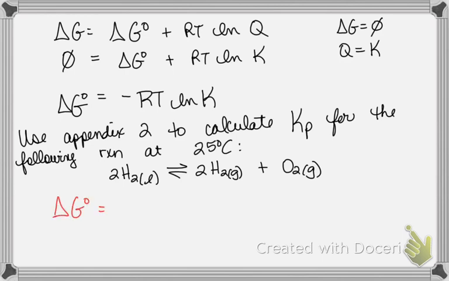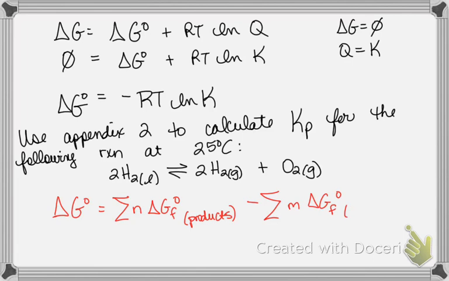You can calculate the delta G standard by summing up the Gibbs energy of formation of the products minus summing up the free energy of formation of the reactants. Okay? So the Appendix 2 has all of those values. It has the delta G's, the delta H, and the delta S.